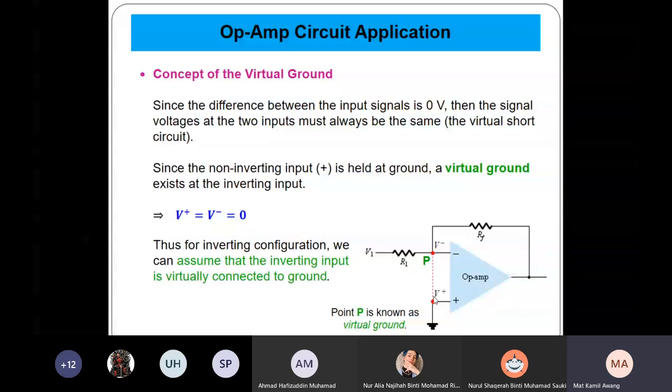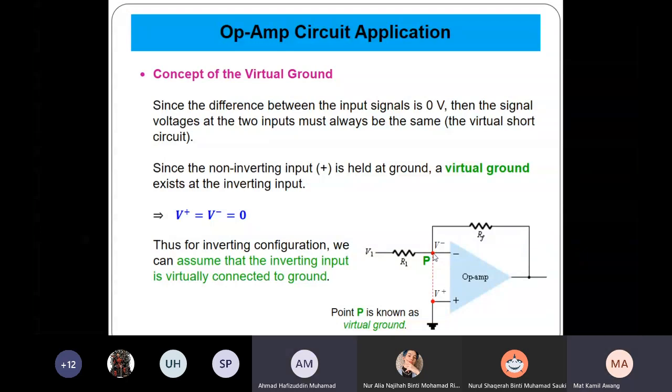Okay? So V plus is equal to V minus equal to 0. Thus, in the inverting configuration, we can assume that the inverting input is virtually connected to the ground. So the point P, this node P, is known as virtual ground. So when we talk about virtual ground in the inverting amplifier, we talk about this point to be 0 volt. Okay?